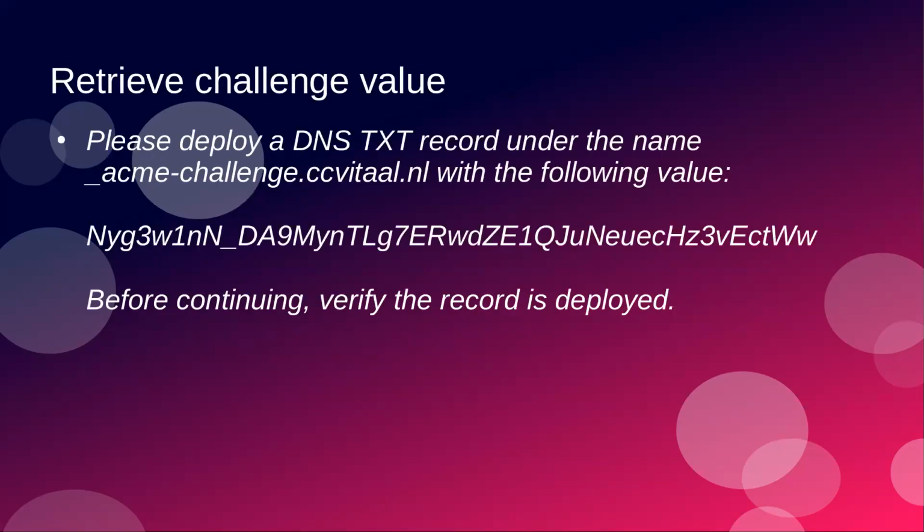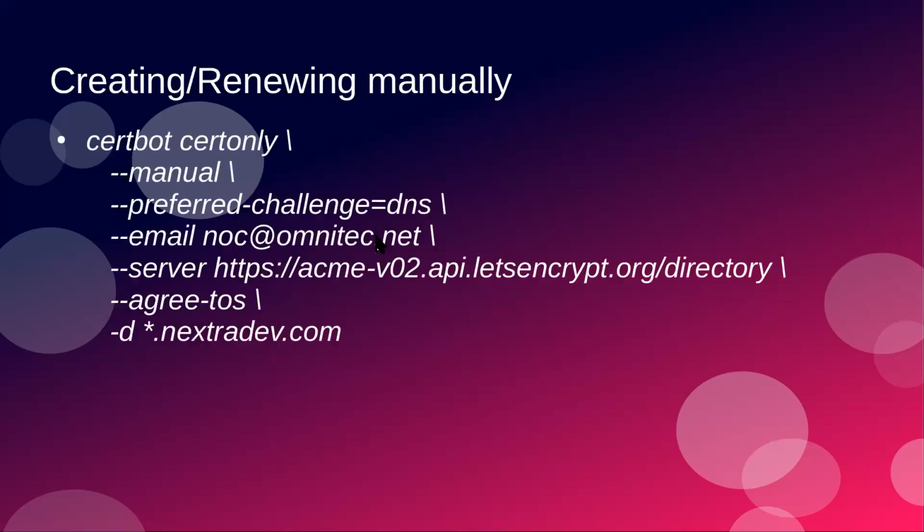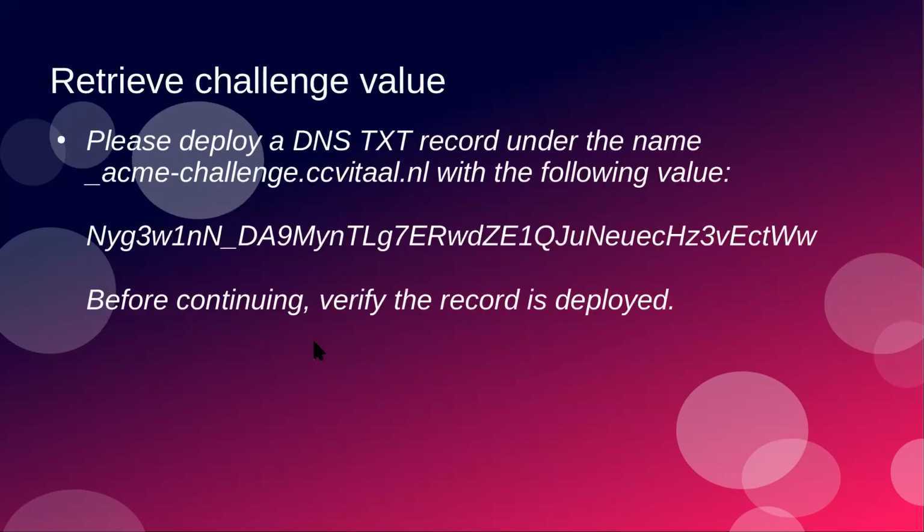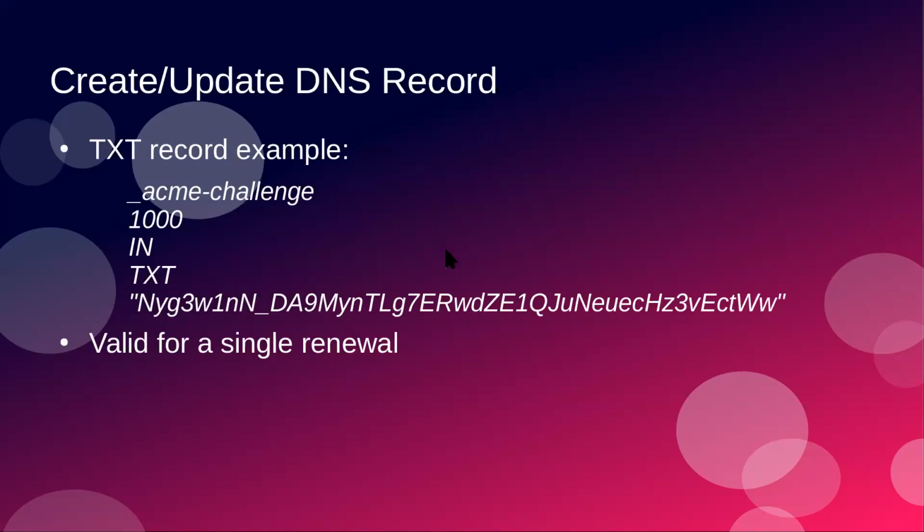Okay, so this is the key value I'm seeing during the manual renew process here. I don't want to take the time to show it. But when you run certbot manually, it'll pause and say, here's the key. Press enter or continue when it is available for retrieval. So here's the key that was presented. I created the text record in DNS.